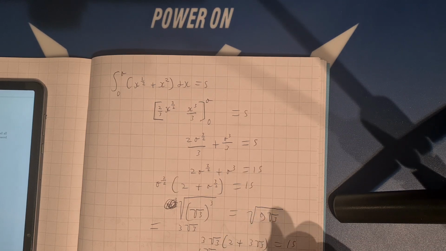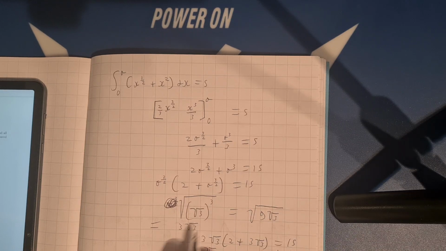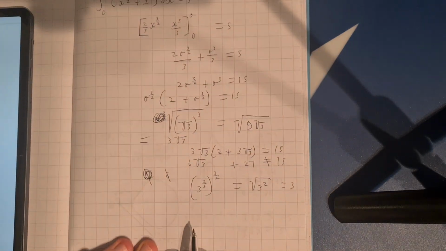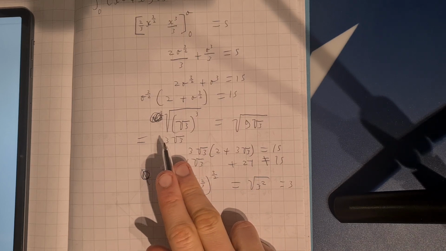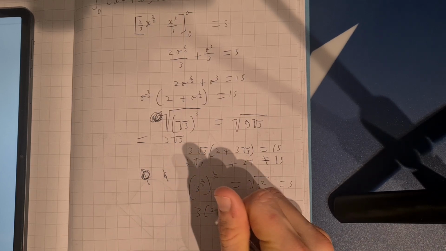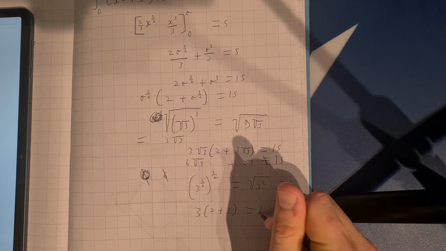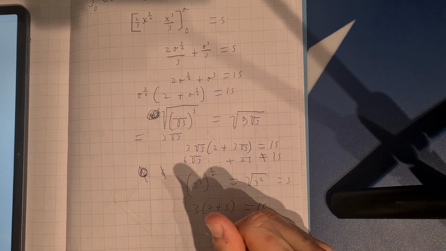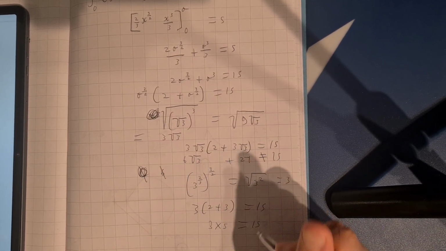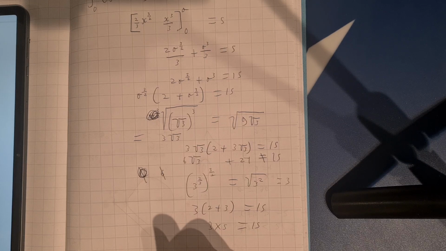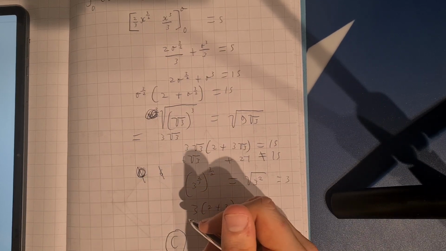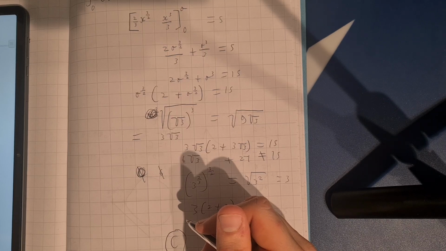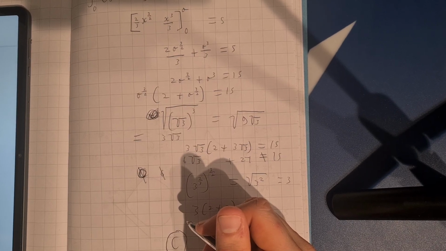You square root that, you get 3. Okay. And now we are going to have, let's see, 3 times 2 plus 3 equals 15. That's 3 times 5, which I think is 15. So I'd say the answer is C.